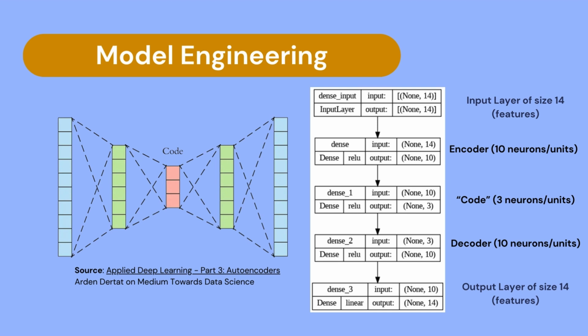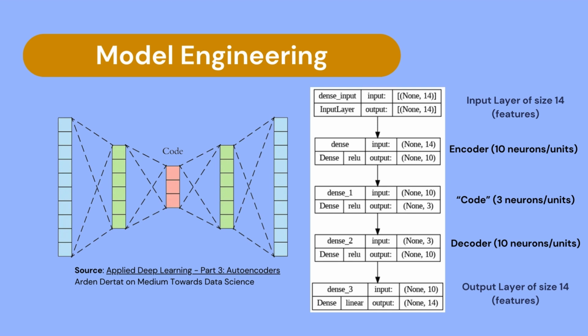In the encoder part of the model, we will have a fully connected layer of 10 nodes that aims to compress the data such that we can find the most important features, and then it will be passed to the bottleneck or the code part of the autoencoder, which will be made up of 3 nodes.